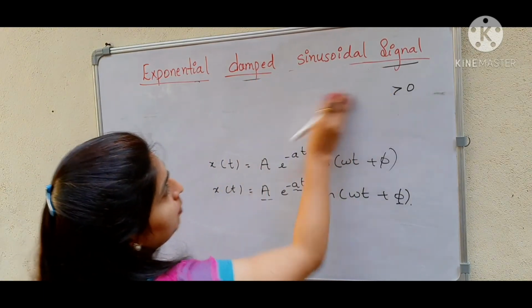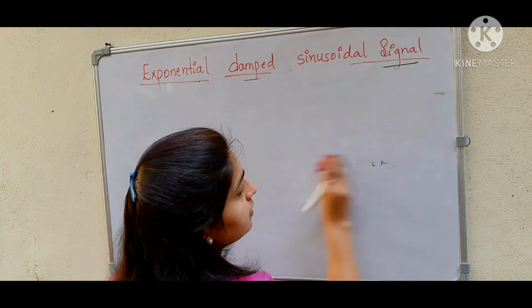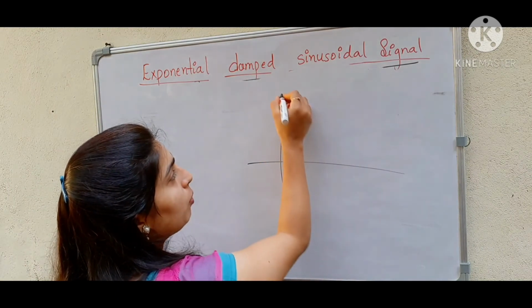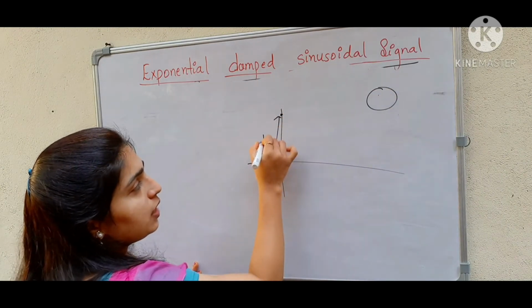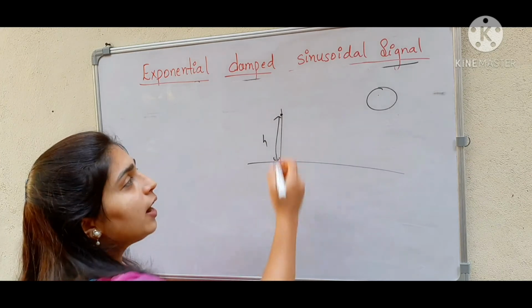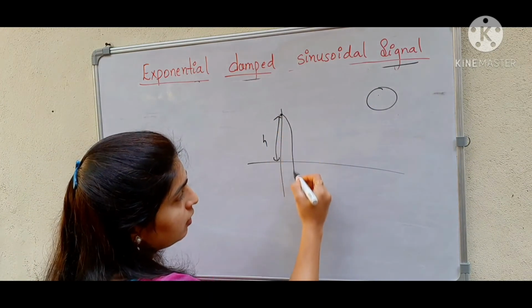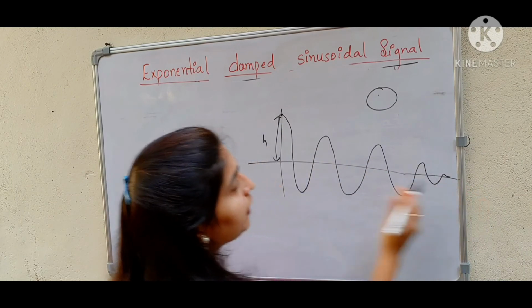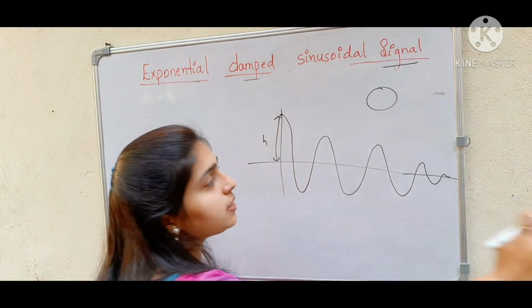For an example of this exponential damped sinusoidal signal, we can consider a bouncing tennis ball. If I drop a tennis ball from a height h, it starts to bounce, but it will never reach this height again, because it loses its energy.